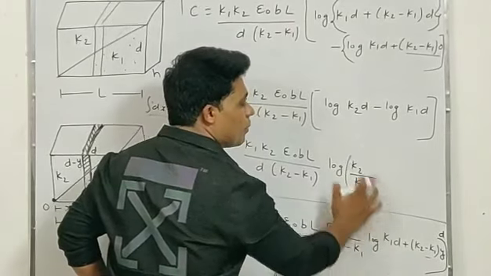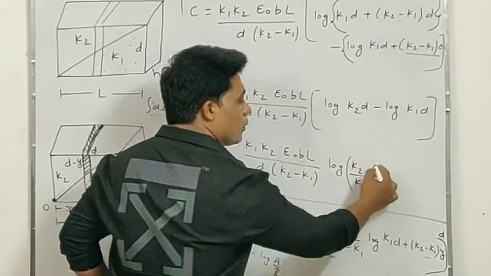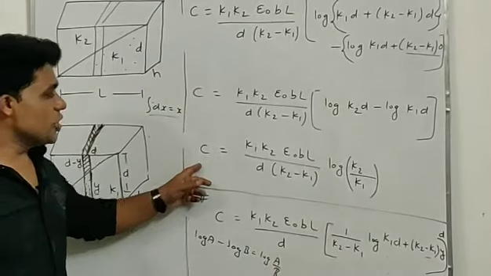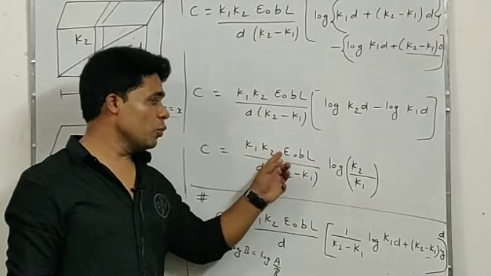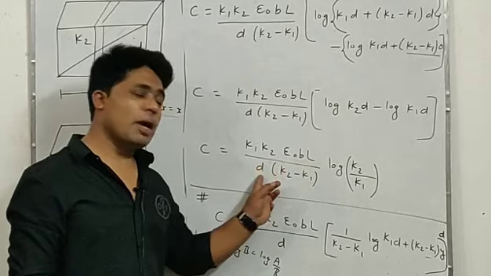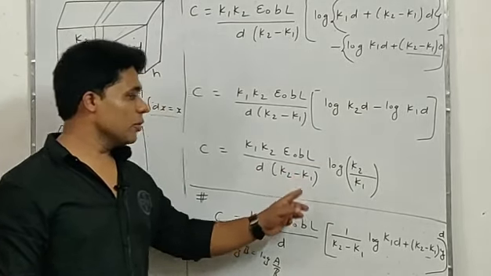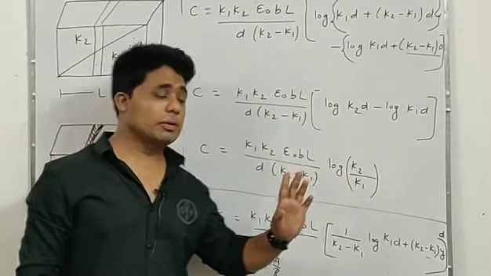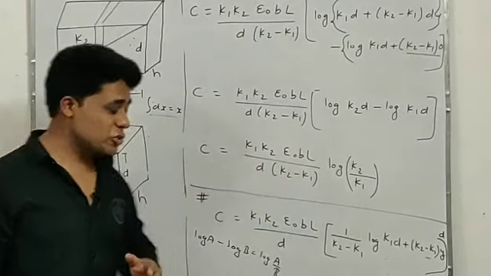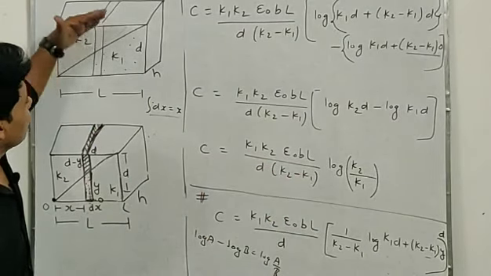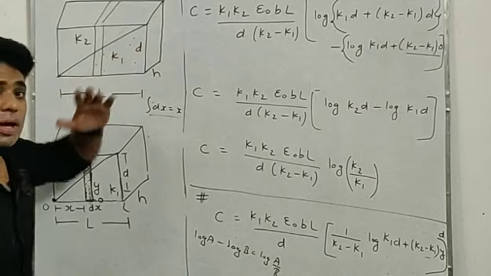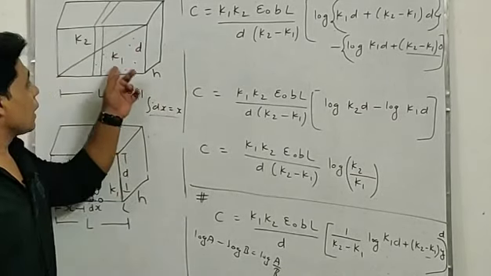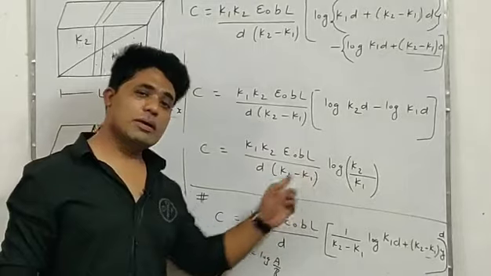So finally we will get C equals K1 K2 epsilon naught B L upon D (K2 minus K1) log K2 by K1. This is the total capacitance of the two inclined-separated capacitors having dielectric media K1 and K2. This will be the final answer.